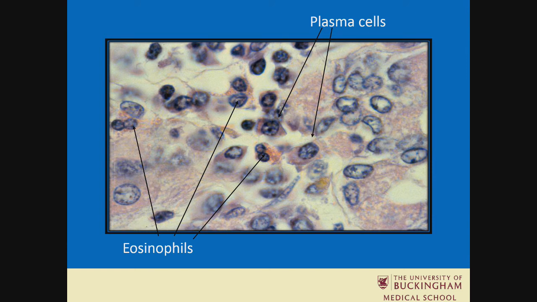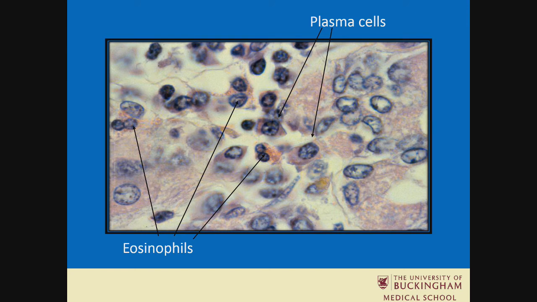The nucleus is towards one side of the cell, and the cytoplasm sits around it. Typically there is a perinuclear halo or perinuclear hole for a plasma cell. The plasma cell is produced from B lymphocytes and it produces antibodies. This type of cell gives us a clue regarding the etiology. In rheumatoid arthritis, there are a lot of plasma cells.